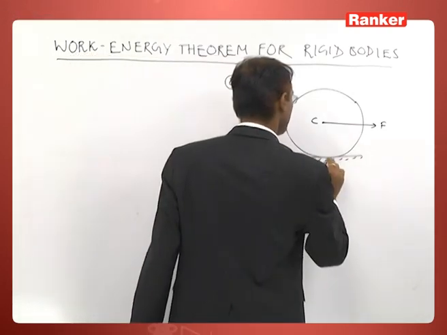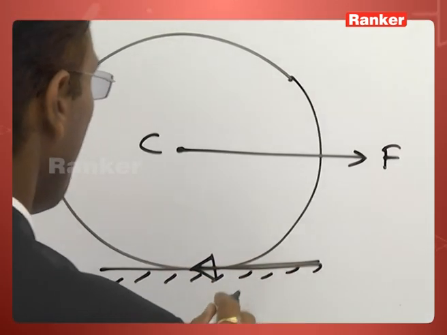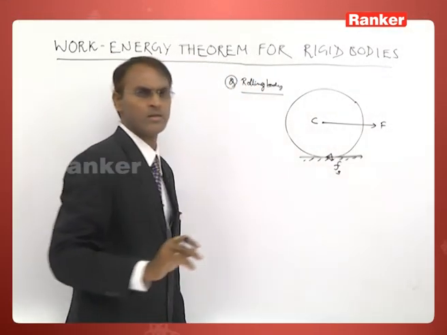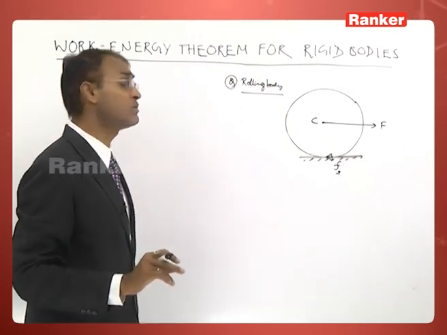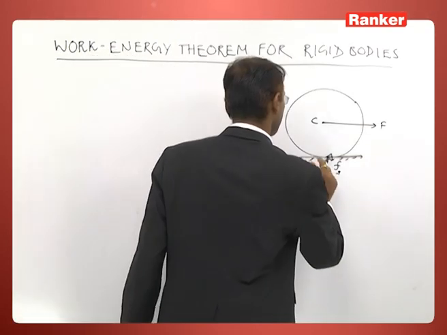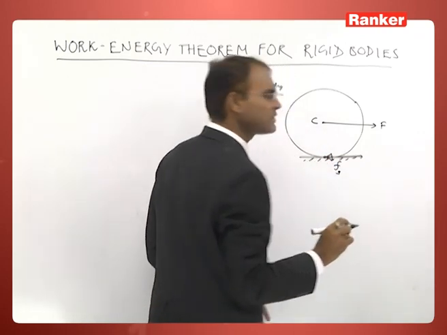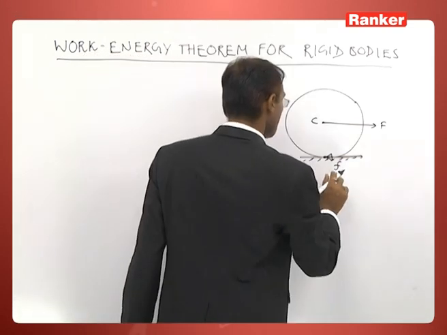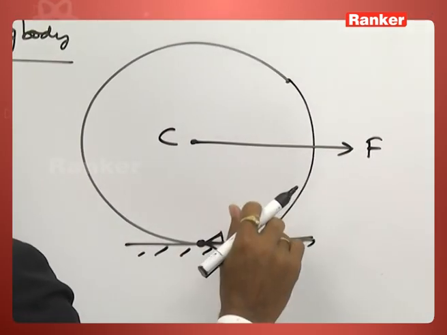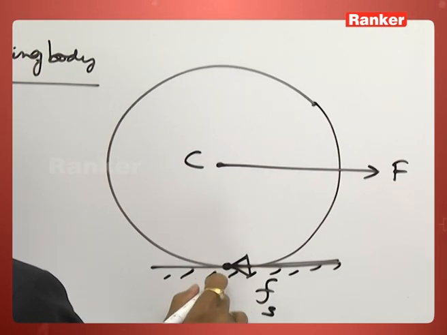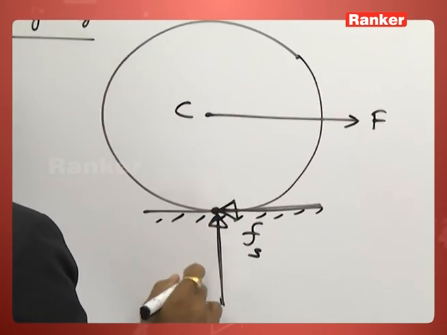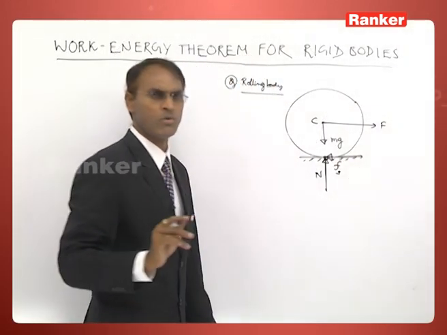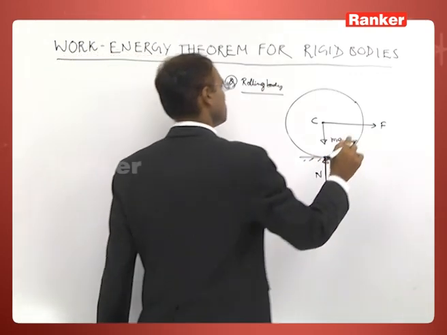When it rolls, there is friction. Which friction? The friction which prevents the relative sliding, that is none other than the static force of friction, acts at the bottom of the rigid body. Let us assume that the frictional force is backward. Under the action of these two forces, along with the other forces, normal reaction and the gravitational force, the body moves.